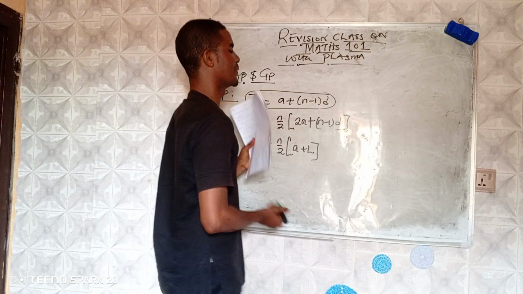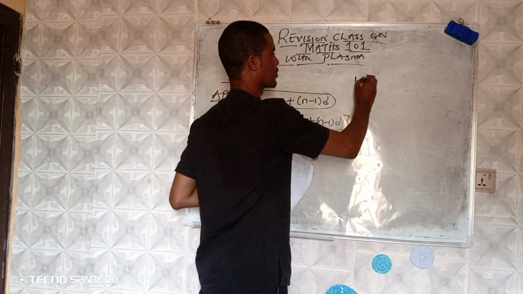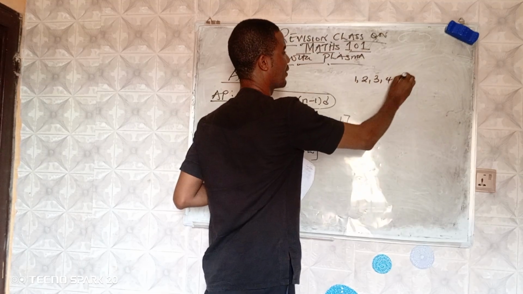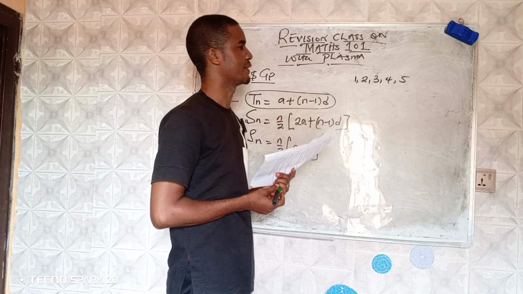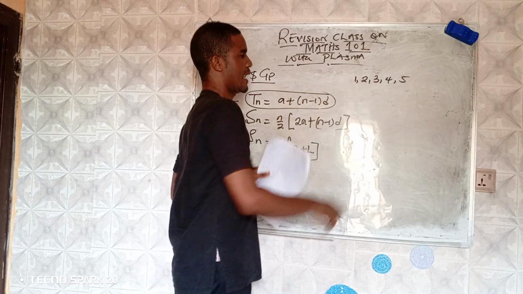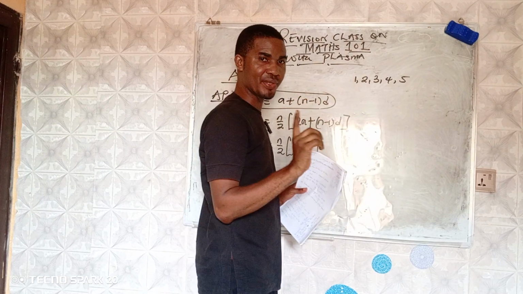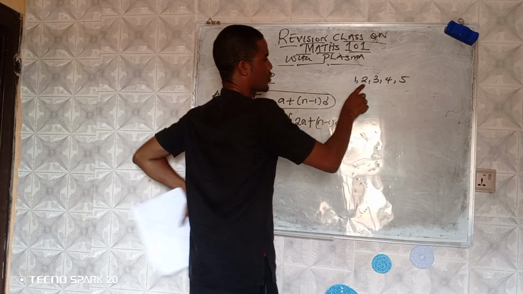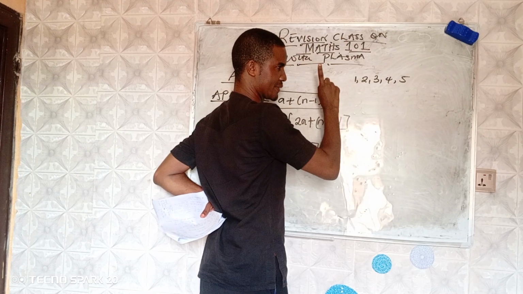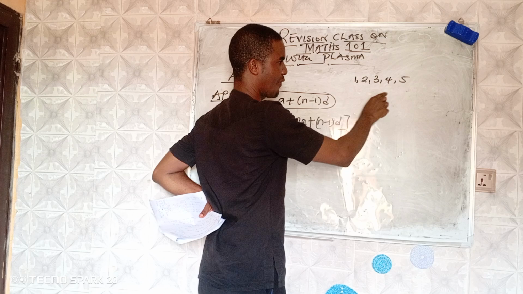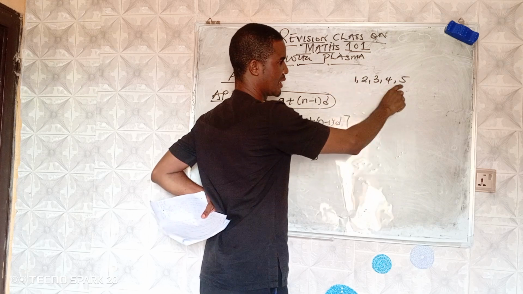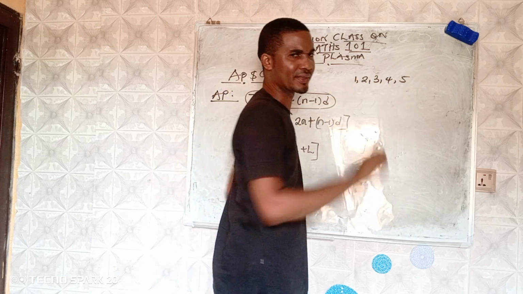Let me take an example. I have 1, 2, 3, 4, 5. This is a sequence. I want to know if this sequence is an AP. 2 minus 1 is 1. 3 minus 2 is 1. 4 minus 3 is 1. 5 minus 4 is 1.